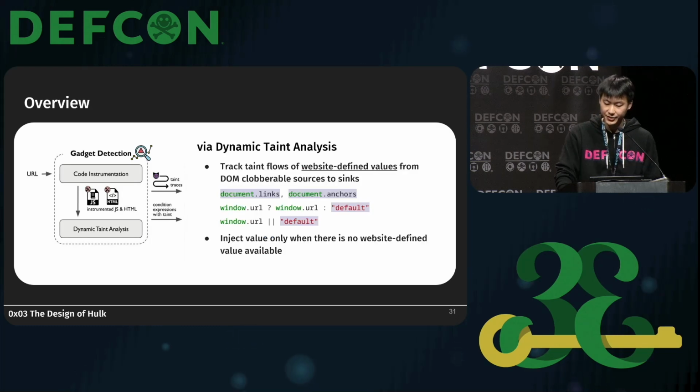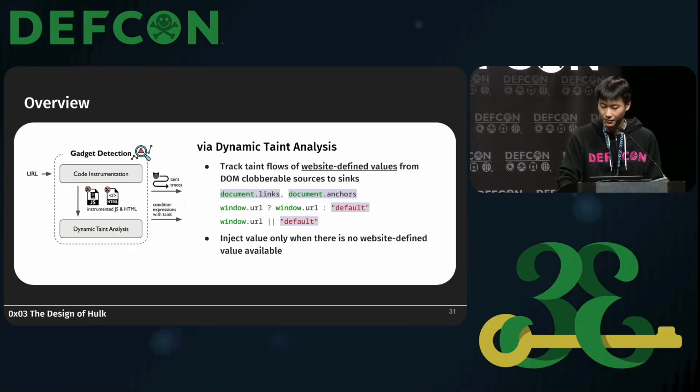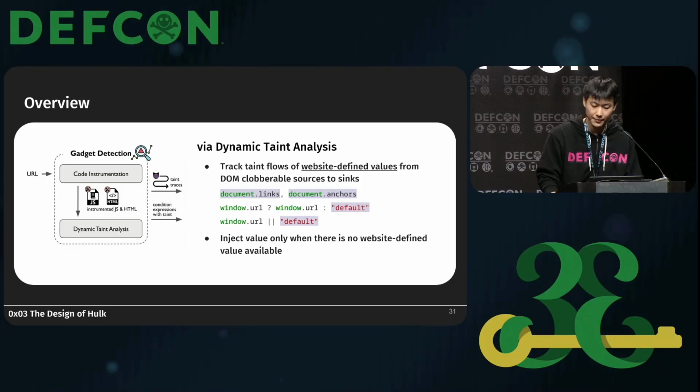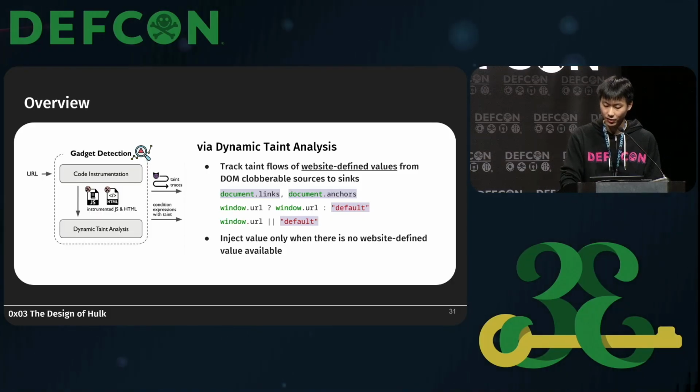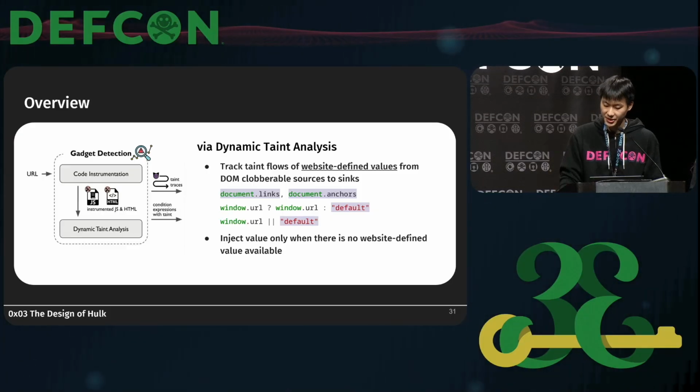Specifically, in the first stage, Hawk performs dynamic taint analysis on website-defined values. We categorize the sources into 2 types. First, lookups on document can be directly shadowed by attacker-injected values, like document.links, document.scripts. In this case, we can directly taint the original values and observe how they propagate in the program. Second, there are lookups on, for example, the window object, where the attacker's clobbered value is only used if the original value is undefined.